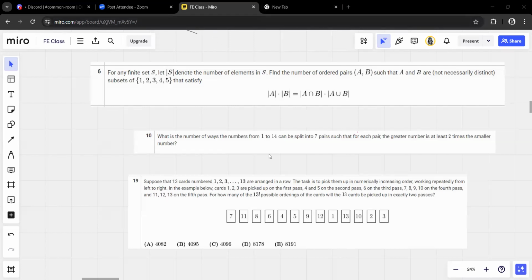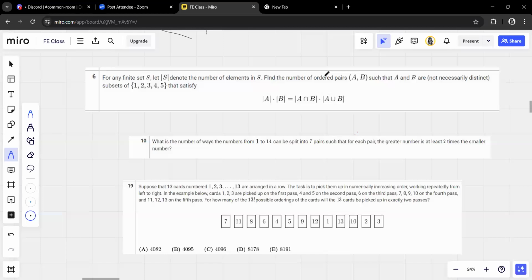Can we somehow try and make cases and then eliminate one by one for the first question? You mean making cases on what the cardinalities of A and B are? I think you could do that.